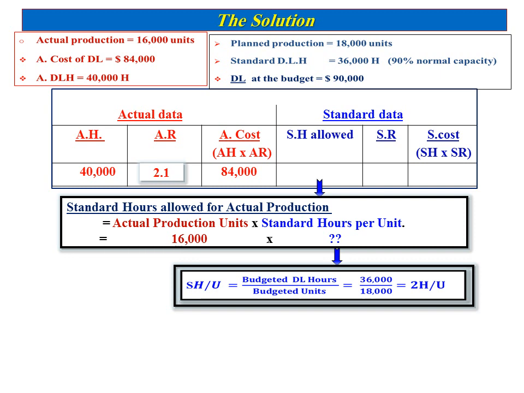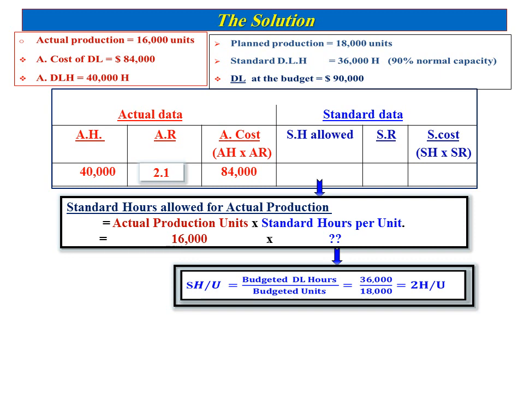So how many hours per unit? 36 divided by 18 will equal 2 hours per unit. Maybe I give you directly the standard hours per unit 2, or you will use the budget amounts to calculate it.